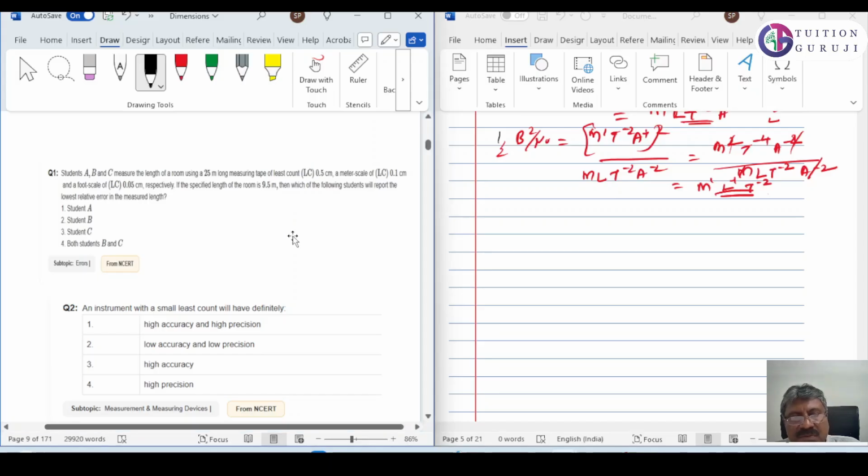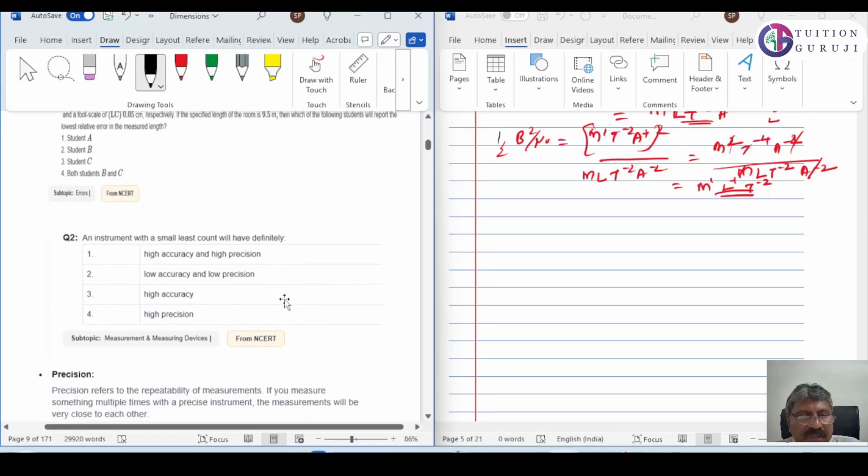The lowest relative error comes from the instrument with the smallest least count. So student C, with the least count of 0.05 centimeter, will have the lowest relative error in the measured length. The answer is 3.